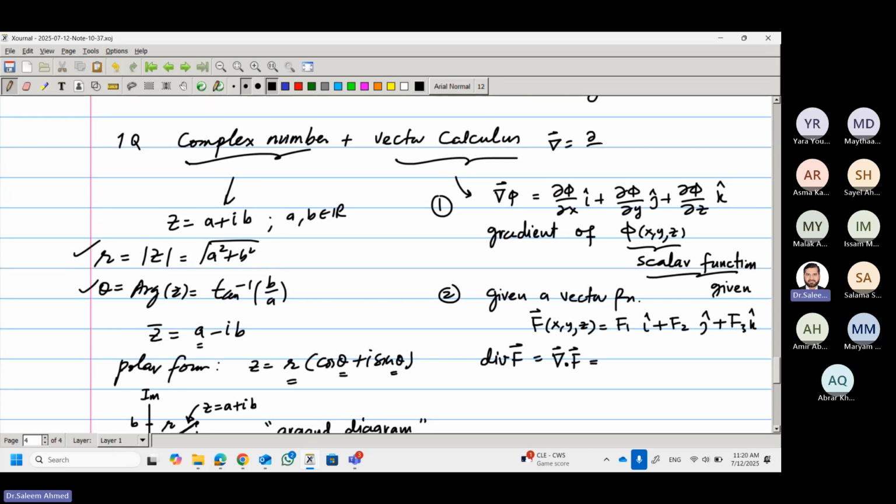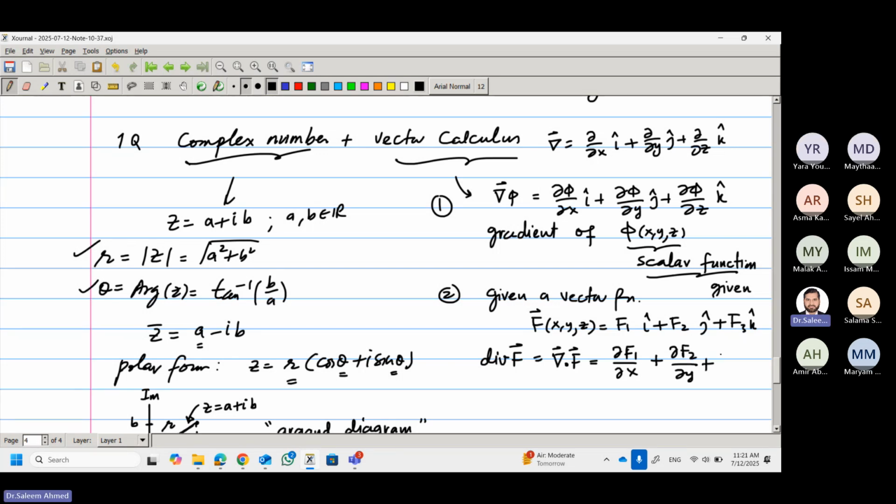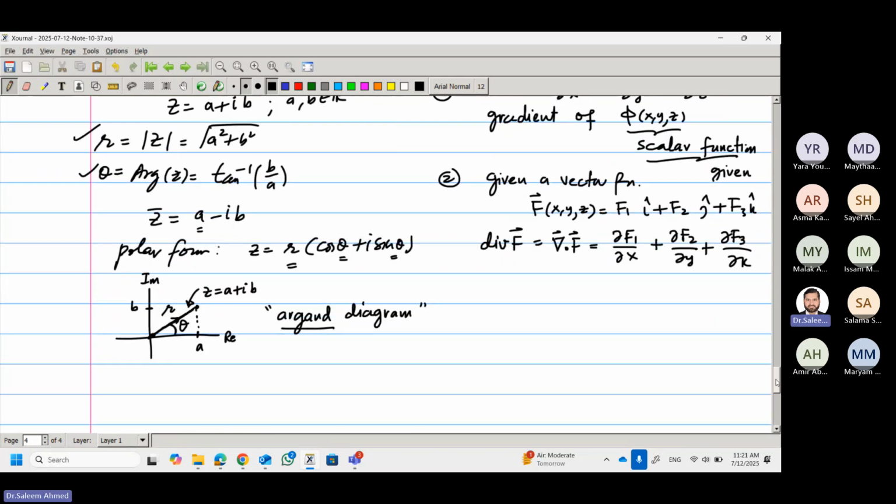Del is basically just the partial derivatives with respect to x, y, and z with ijk. If you take the dot product with f, you take the first with the first only, so it is partial f1 by partial x. In a dot product, there is no ijk. Then you pick the second one, partial by partial y with f2, so it means partial f2 by partial y. And f3 with z. No ijk in the divergence. This is your divergence of f.